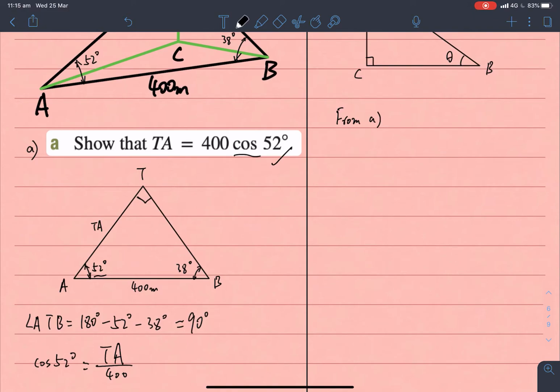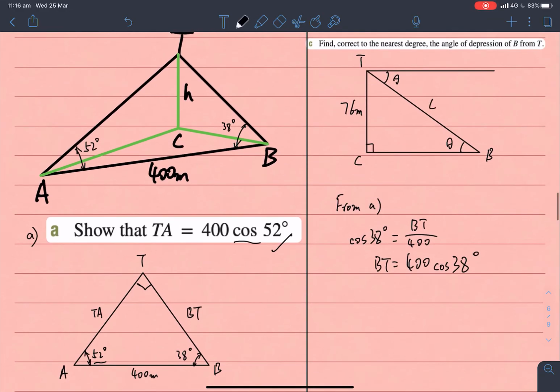BT is adjacent to angle 38 degrees, so we can do exactly the same thing. Cos 38 degrees equals adjacent BT over hypotenuse, which is 400. So BT is 400 cos 38 degrees.